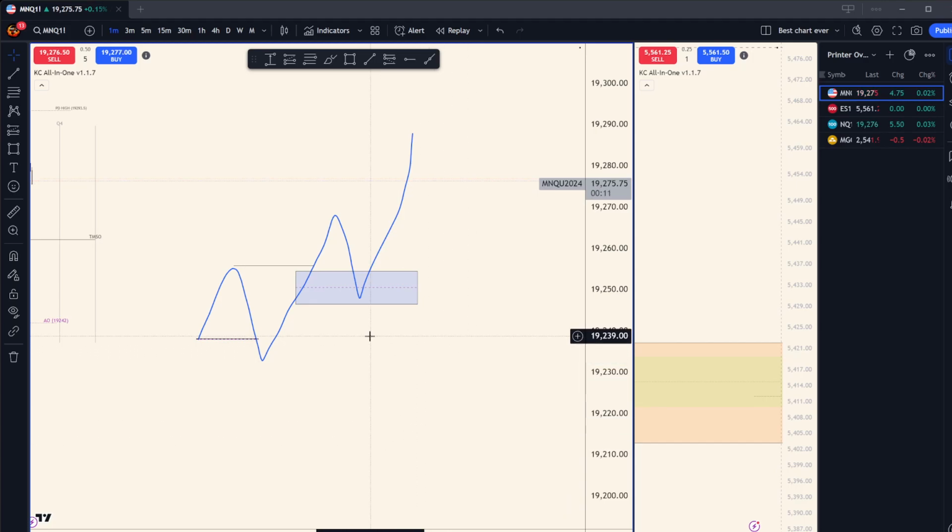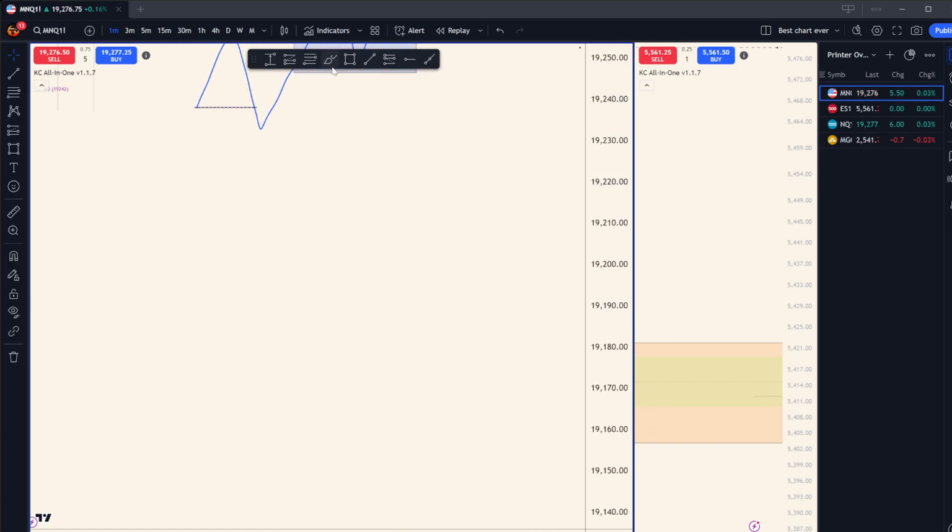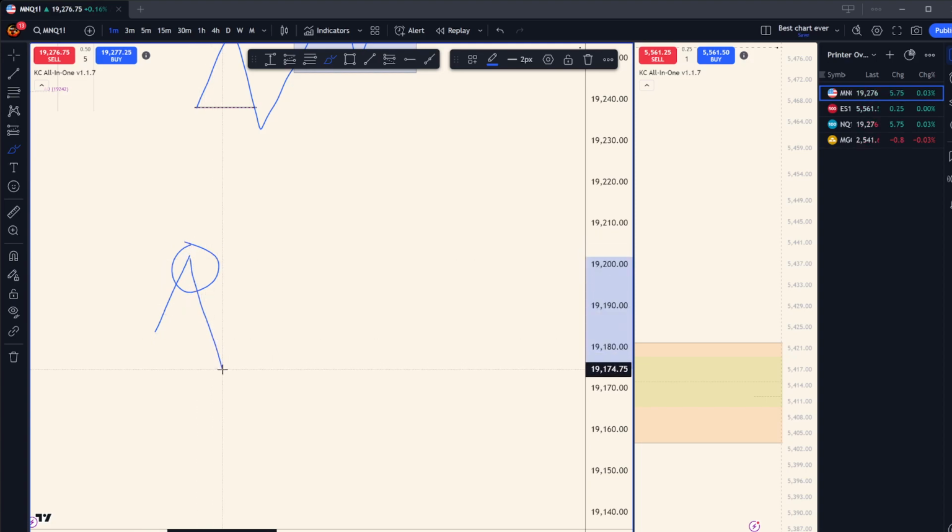Now, what makes a unicorn? A unicorn is a breaker or mitigation block essentially infused into the 2022 model. And the way that it looks is like this. We have a push up. Right here, we make a bearish order block. It sends price lower.